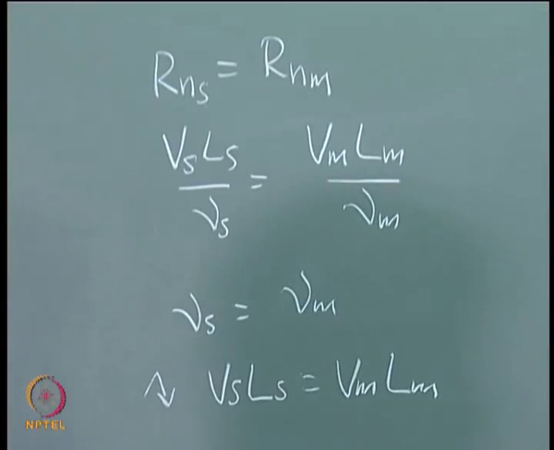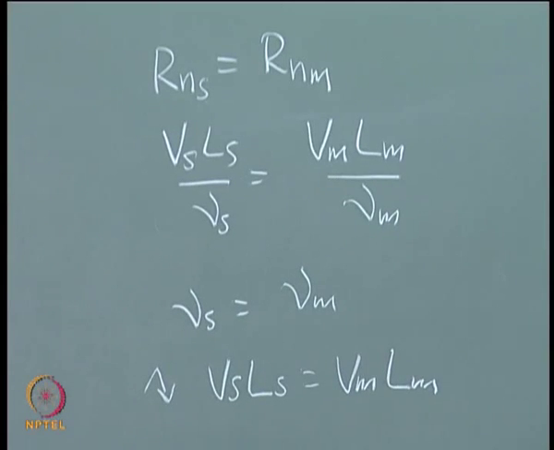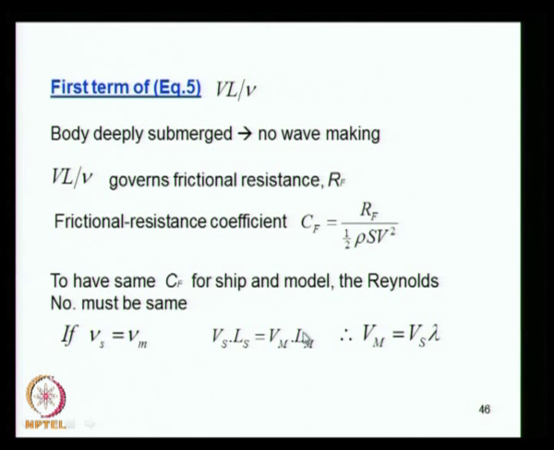So that is what is written here. From this we can write Vm is equal to Vs into Ls by Lm, and that is equal to lambda. So that is how you get this relation. So Vm is equal to Vs into lambda.